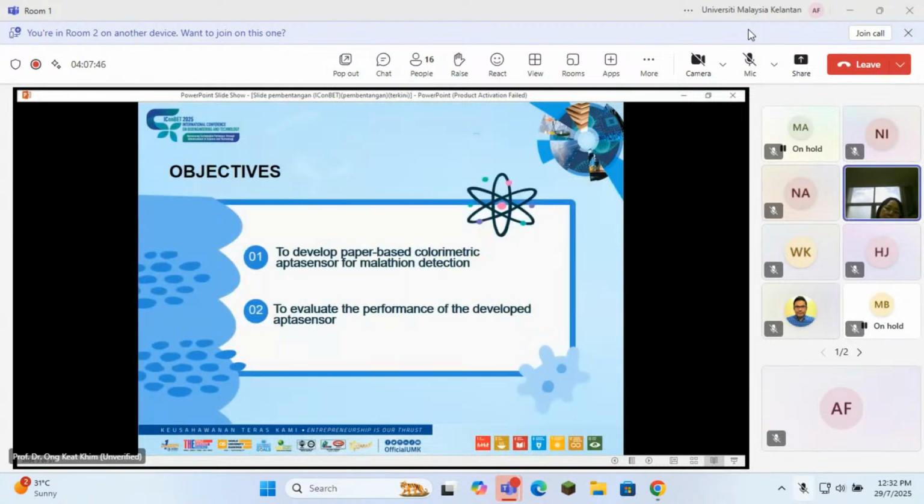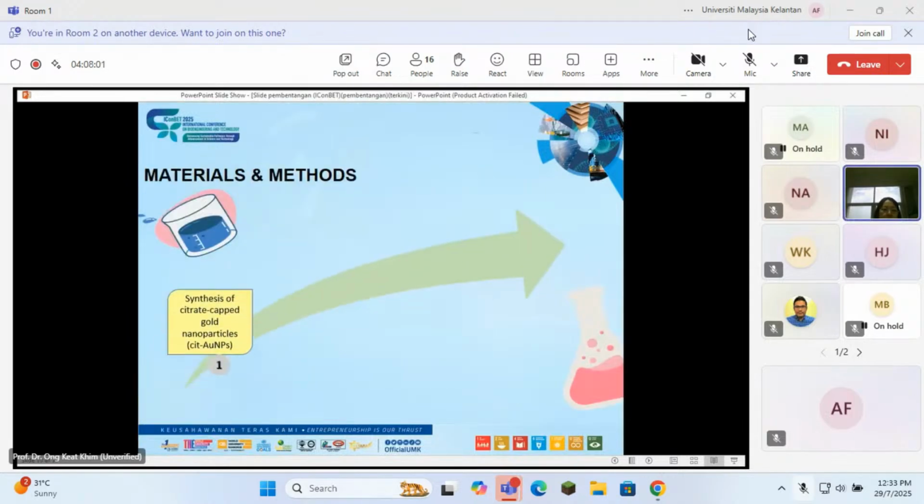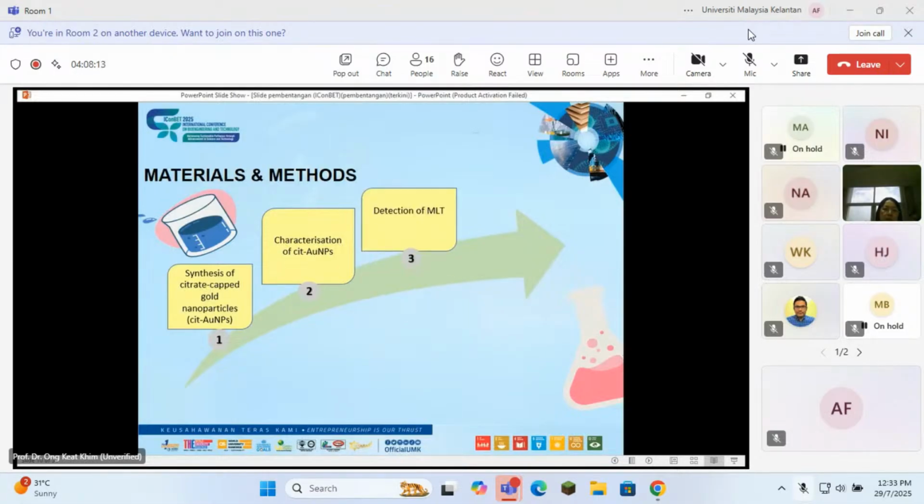There are two objectives in this study. The first one is to develop a paper-based colorimetric ATAC sensor for malathion detection, and the second is to evaluate the performance of the developed ATAC sensor. Now have a look at the method. At first, we synthesize citrate-capped gold nanoparticles, followed by characterization of them.